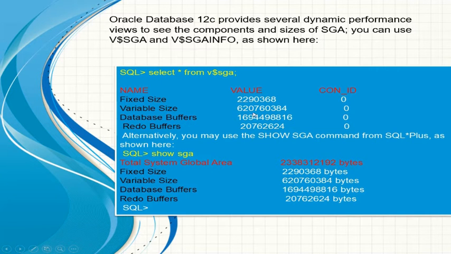The variable size in bytes. Database buffers, and redo buffers. The size of the total System Global Area is 2 gigabytes.